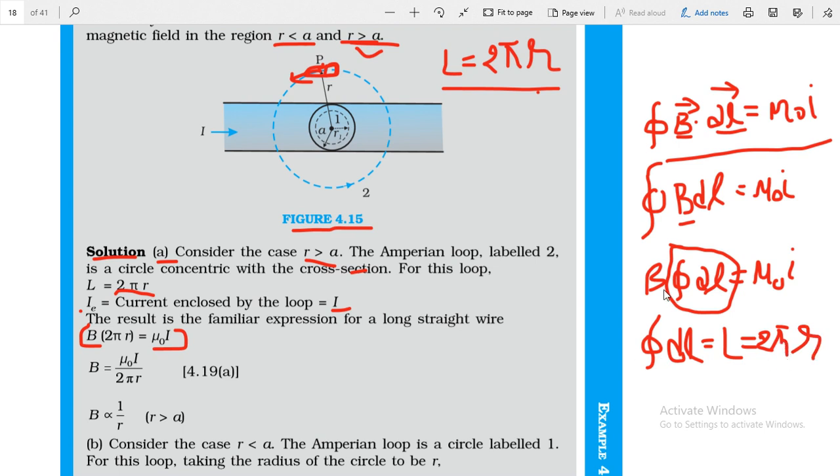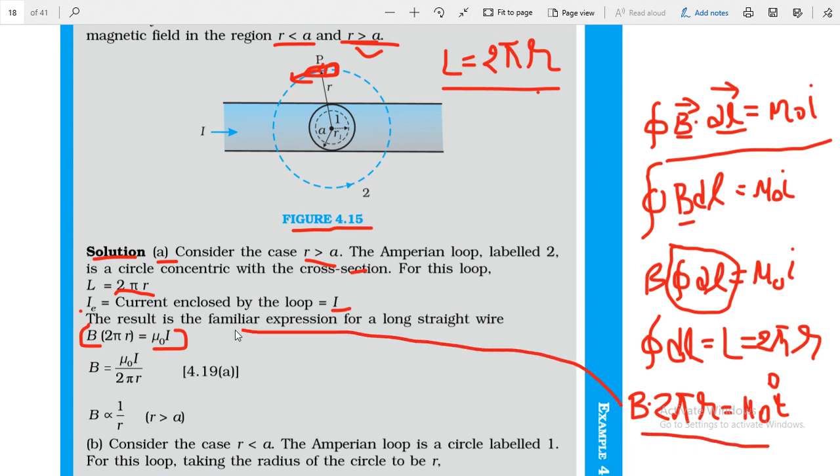So now you can write this portion as B into 2 pi r is equal to mu naught times I. Now this is the equation, given here, you can see.